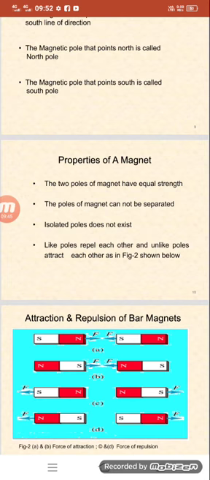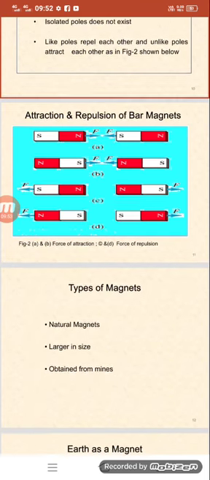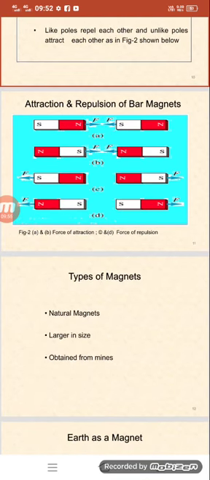In the picture below we have a diagram. In the diagram, see how the pictures reveal the concept of the force of attraction and force of repulsion of bar magnets. We are taking two bar magnets, both having two poles.